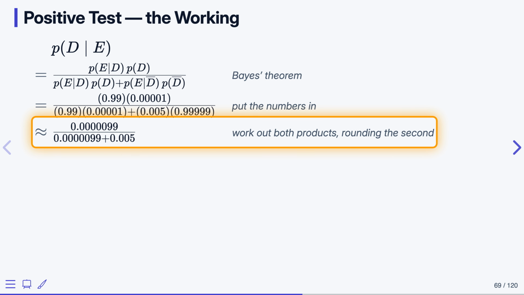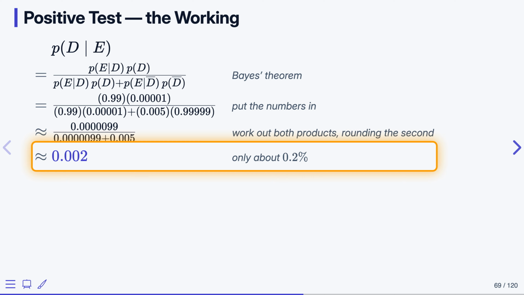Work out both products. The top is 0.00000099. The false alarms give just under 0.005, which we round. That number is far bigger than the top. Dividing, we get about 0.002. So after a positive test, the chance of really having the disease is only about 0.2%.